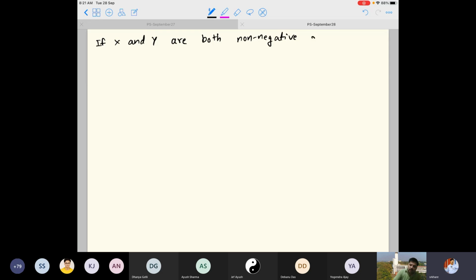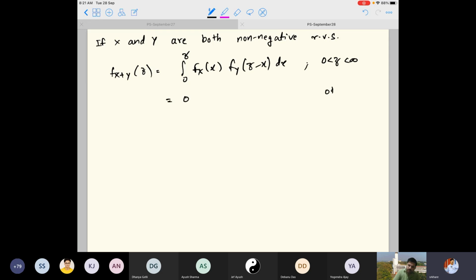Then what really happens is that f of X plus Y at z is basically the integral from 0 to z of f_X(x) f_Y(z minus x) dx, for z greater than 0. And it is equal to 0 otherwise, for other values of z like negative z, you will have 0. So this is something that you get.